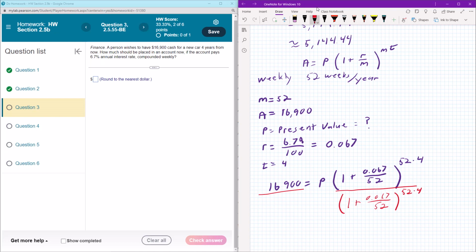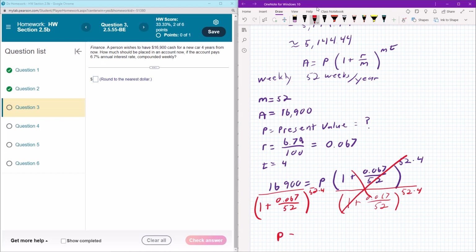And over here, I'm going to do the exact same thing. 1 plus 0.067 divided by 52. All that raised to the 52 times 4 power. What happens? Well, this right here, this is equal to 1. This cancels. All we have over there is P. Kind of flipping it around.